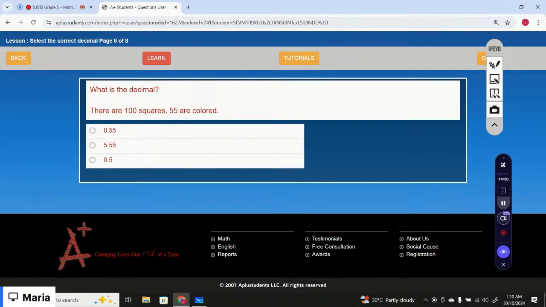What is the decimal? There are 100 squares, 55 are colored. Which is the correct option?